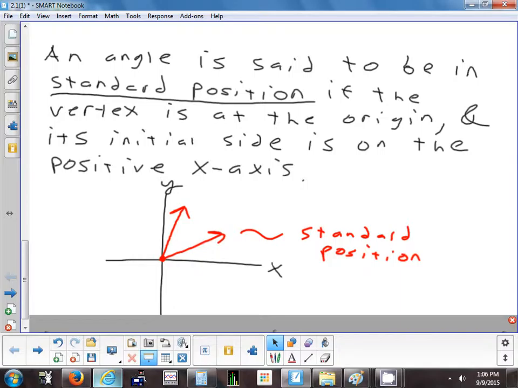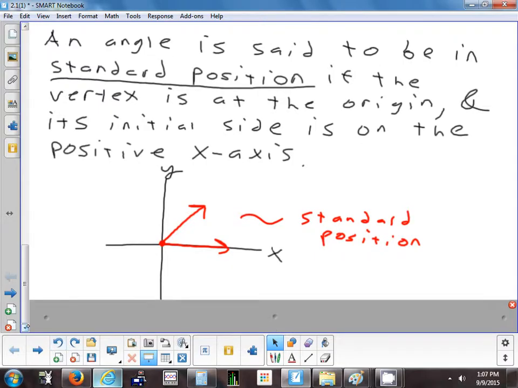Brianna, is that in standard position? Nope, what's wrong with it now? The initial isn't on the x-axis. Yeah, the initial side is not on the positive x-axis. Vertex is at the origin, but that's only half of it. Any questions how to sketch an angle in standard position? All right, it's pretty straightforward.